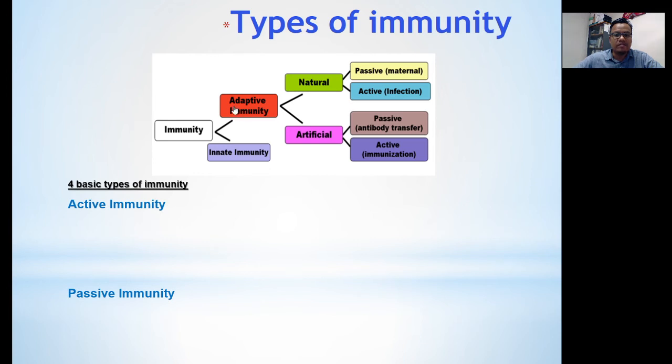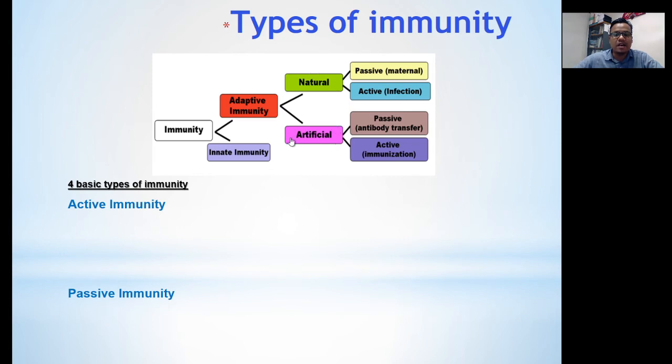But for adaptive, we do. Our body, that means our immune system, does develop memory in adaptive immunity in the form of memory cells. So how can our body develop this adaptive immunity or immunological memory? There are two ways. First is natural.